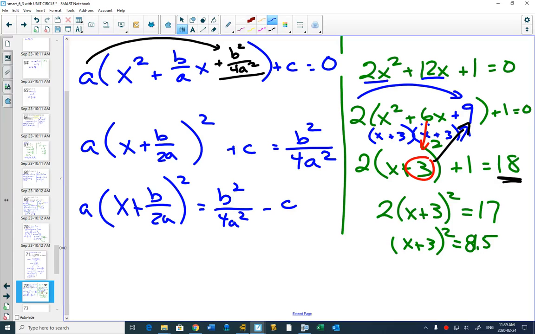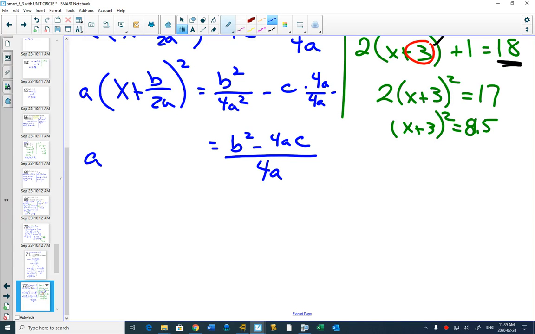How do you subtract fractions? Need a common denominator. So I'll multiply this by 4a squared over, oops, not a squared. It's just an a. 4a and 4a, right? Because when that a got multiplied, there'd only be one a left on the bottom, leaving me with b squared minus 4ac all over 4a.